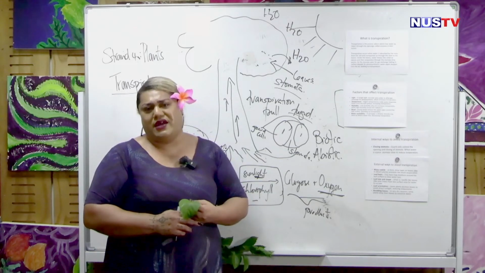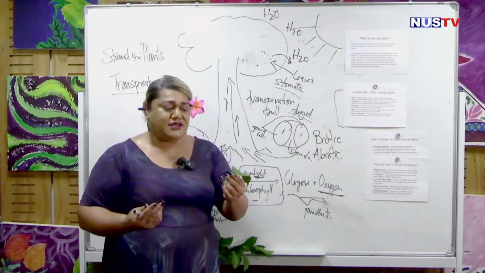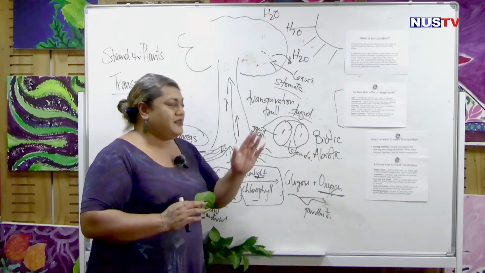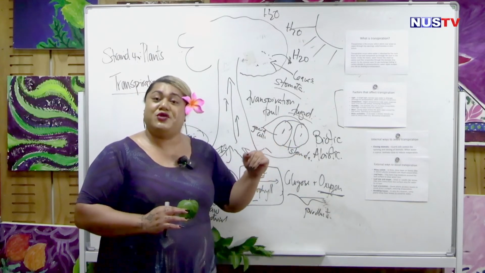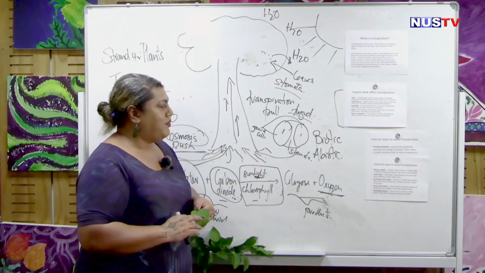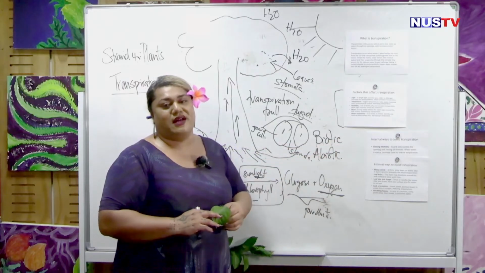So what are some adaptations that plants can use to avoid transpiration? There are internal parts. One of those internal parts is the closing of the stomata.